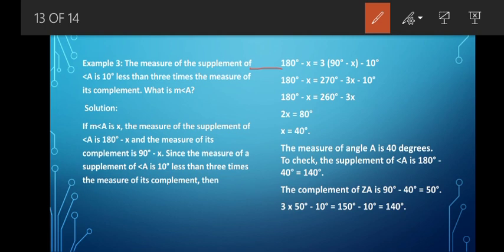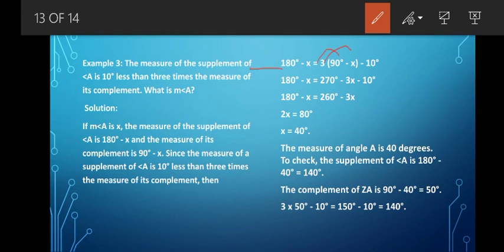So simply copy 180 degrees minus X equals 270. Saan ang galing yung 270? 3 times 90 is equal to 270 degrees. Then, 3 times negative X is equal to negative 3X. So, copy negative 10 degrees.